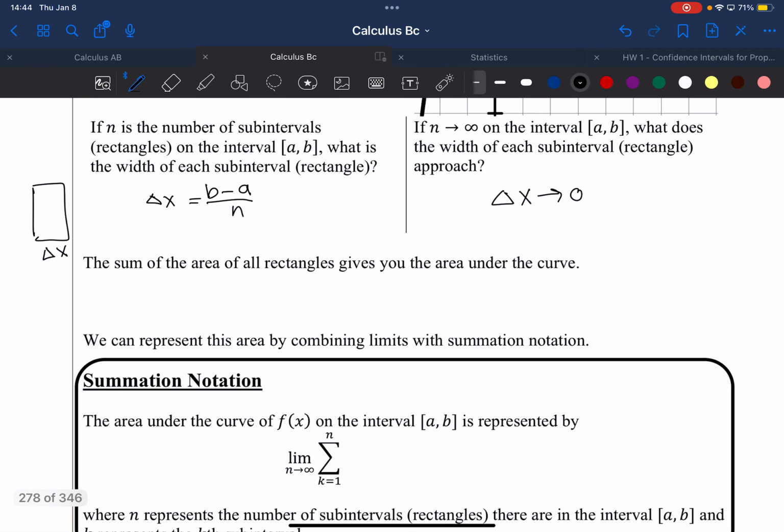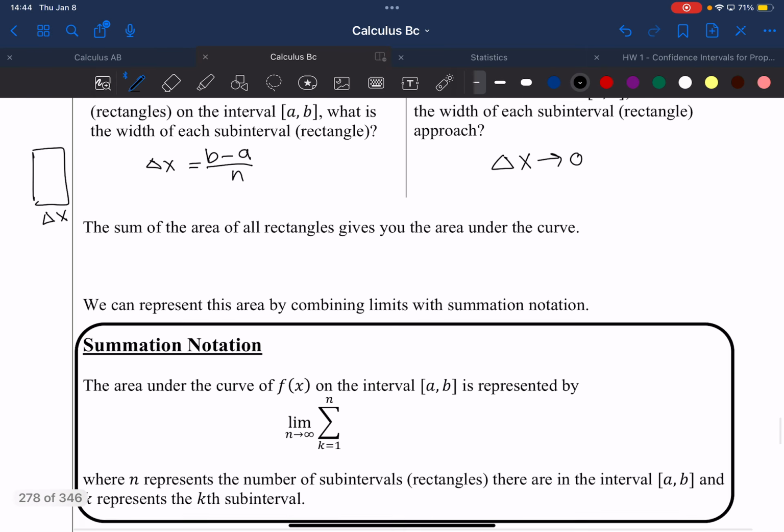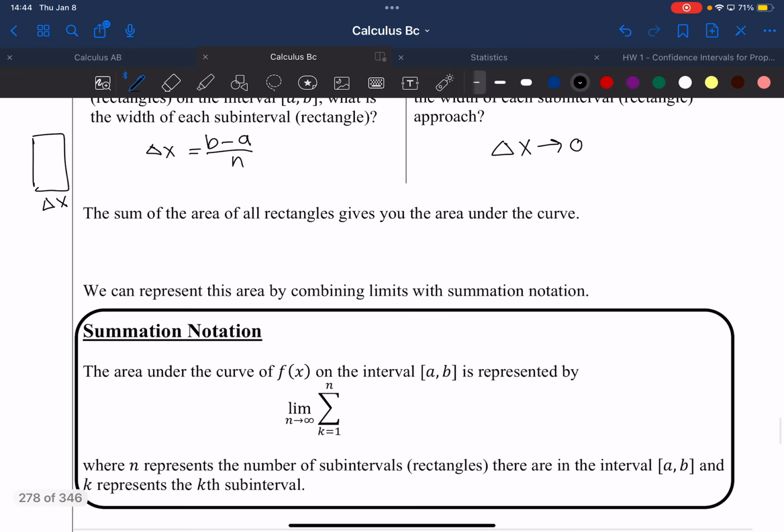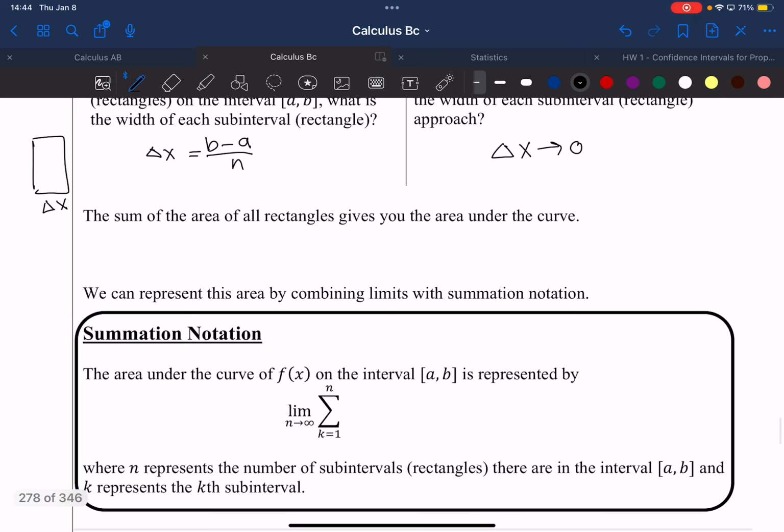So if we were to take this and actually write it as a sum of all the areas of the rectangles, we would be taking the change in x, the width, and multiplying it by the height, or the value plugged into the function.